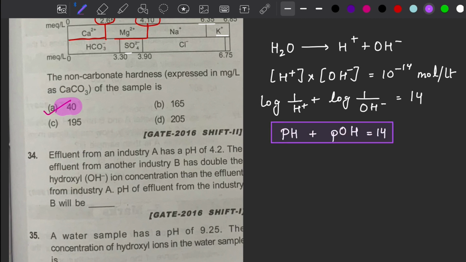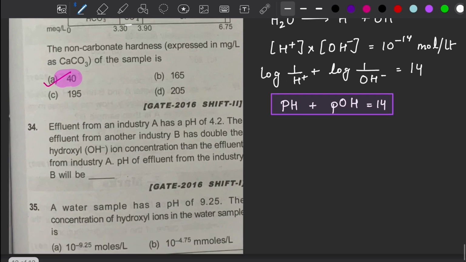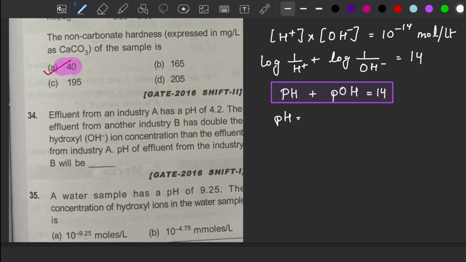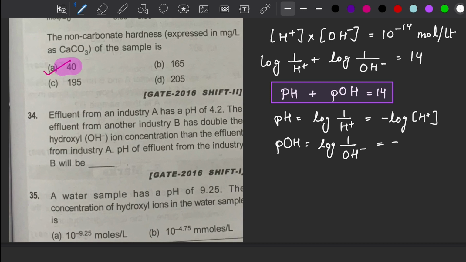So this is the formula where pH is nothing but log of 1 upon H plus ion concentration. We can simply say minus log of H plus ion concentration, right? And similarly pOH is nothing but log of 1 upon OH minus ion concentration, that is minus log of OH minus concentration.